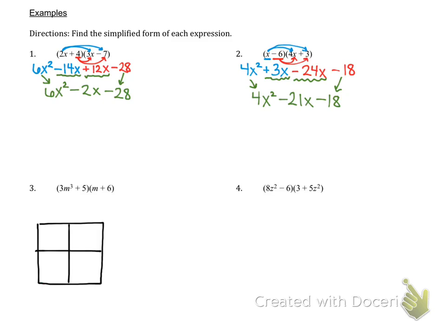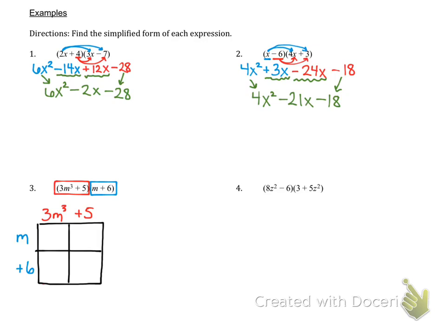I'm going to take my first binomial, so 3m cubed plus 5, and I'm going to write the 3m cubed above the first set of boxes, and then I'm going to write the positive 5 in front of the second set of boxes, and then I'm going to take my second binomial and I'm going to write that on the side of the box. So the m is going to go in the first place and the positive 6 is going to go in the second place.